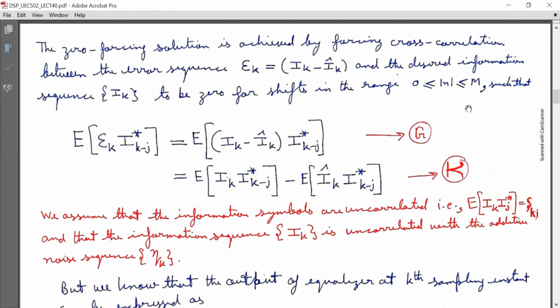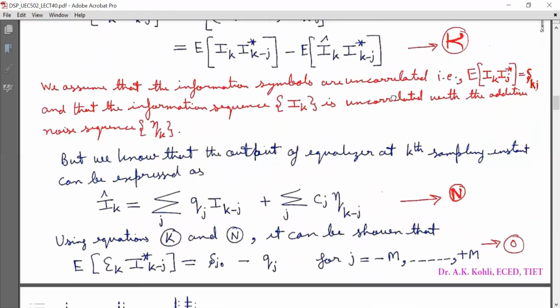Mark it as equation G, which is further equal to expectation of Ik I conjugate k minus j minus expectation of I cap k into I conjugate k minus j. Mark it as equation K.